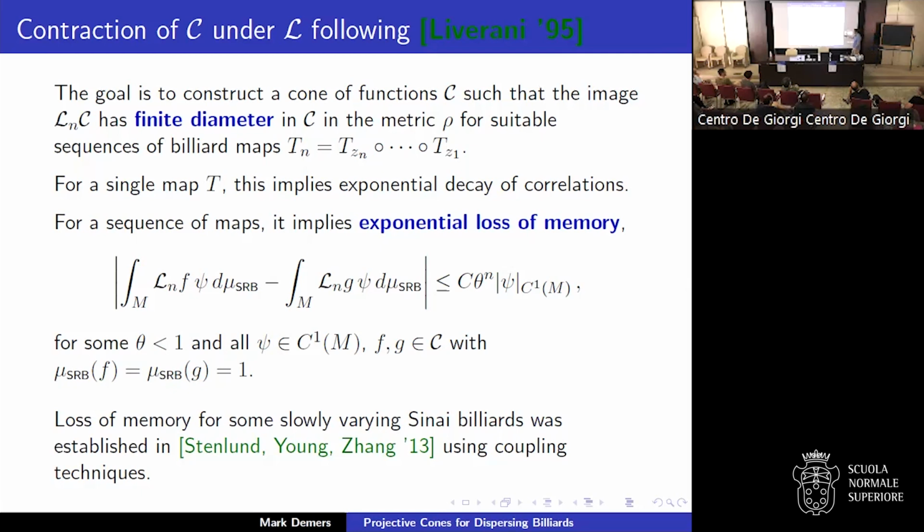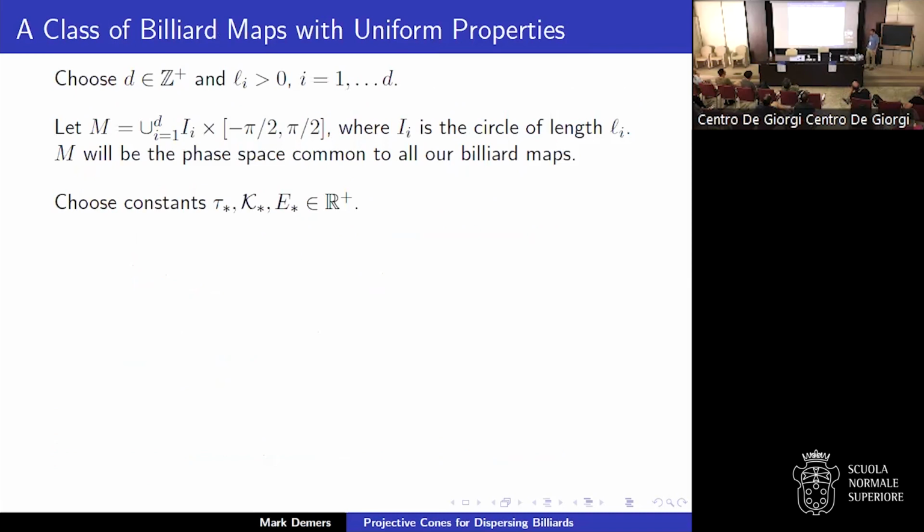So there will be some overlap here in terms of the results that they got. Our situation is a little bit different in the sense that we allow extended systems and also large movements of scatterers. But there is some overlap there. And they used coupling methods.